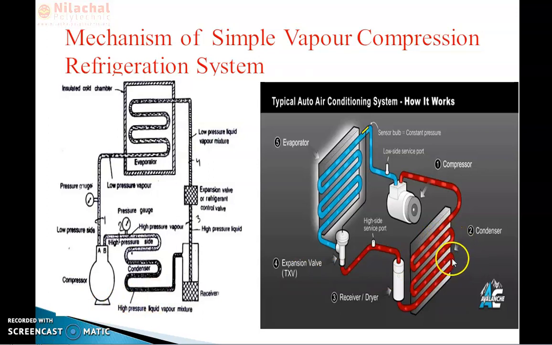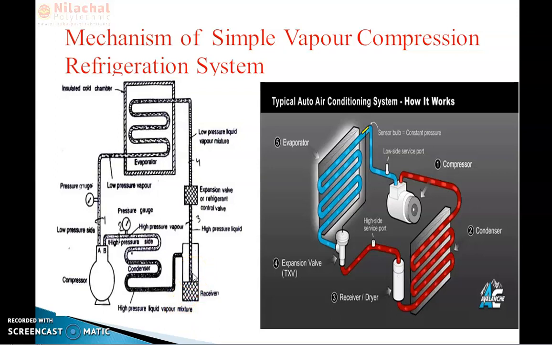The condenser or the cooler consists of coils of pipe in which the high pressure and temperature vapor refrigerant is cooled and condensed. The refrigerant, while passing through this condenser, gives off its latent heat to the surroundings. The high pressure vapor converts to a high pressure liquid-vapor mixture, then it enters the receiver.